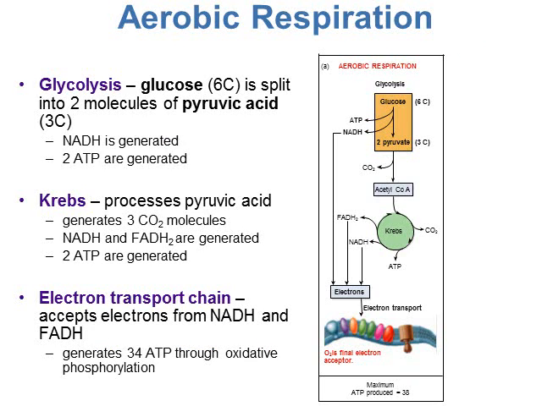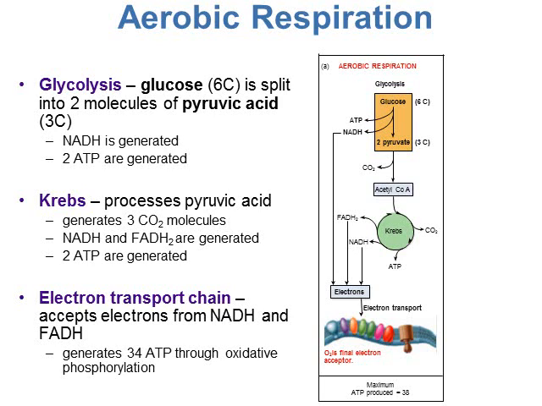Okay, so in aerobic respiration, and again that's with oxygen, here's what actually happens. So you have glycolysis, which is first. That's that orange box. So you take a glucose molecule, which has 6 carbons in it, and you basically split it in half. So you end up with 2 molecules of pyruvic acid, which each have 3 carbons.